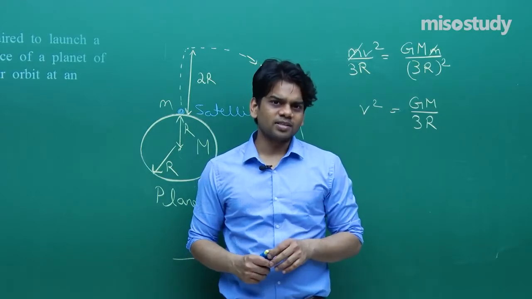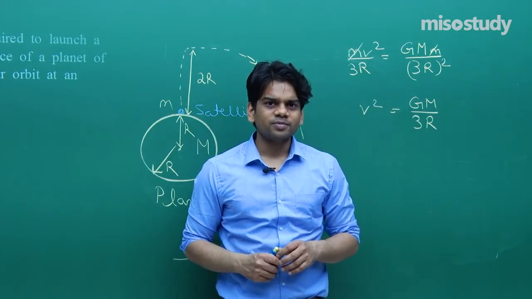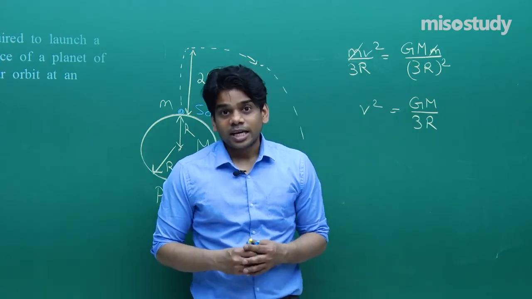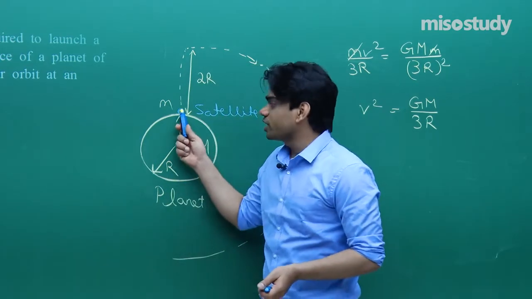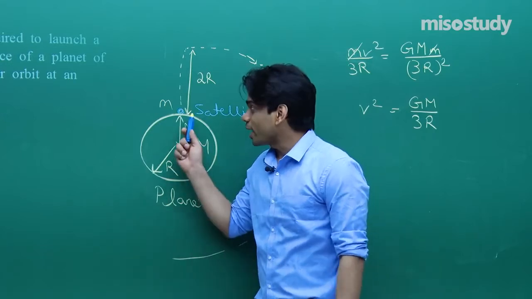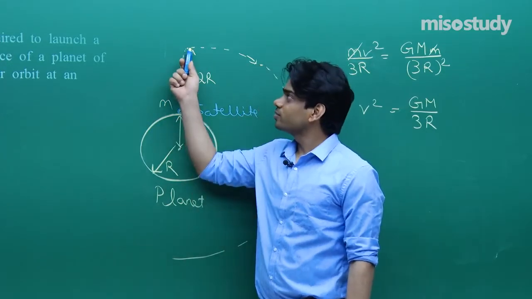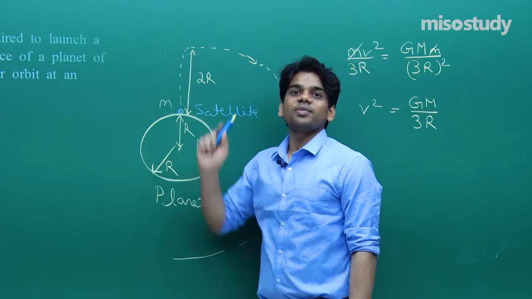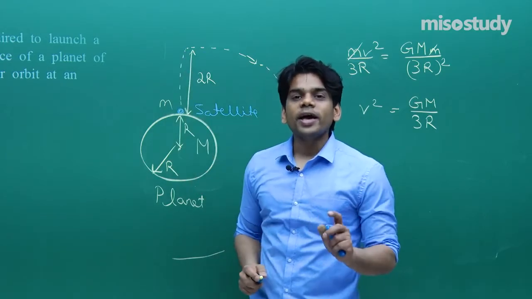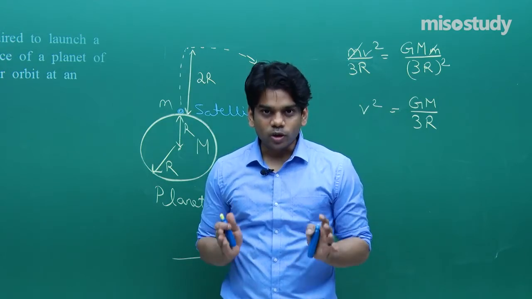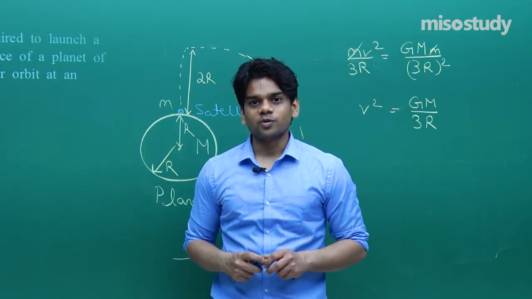Due to this speed, one thing you can understand is that it will have a kinetic energy. Quite obvious. If it's moving with a speed, it will have a kinetic energy. Now you see here, initially it has potential energy. There is no kinetic energy initially. If you give it some energy, it will have some more potential energy here and some kinetic energy here. No external force is acting on the satellite and planet system, hence total mechanical energy will remain conserved.